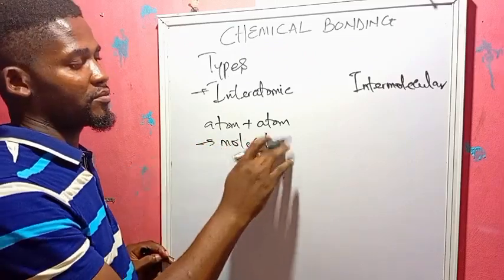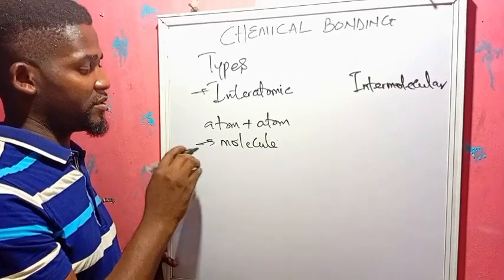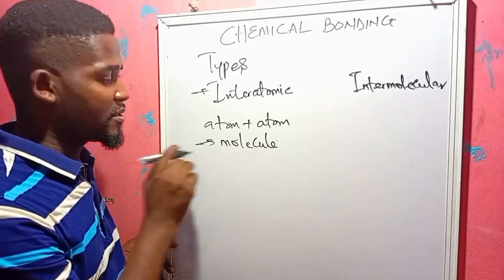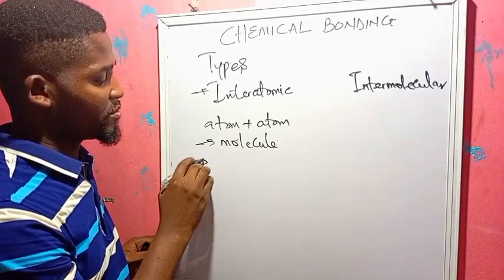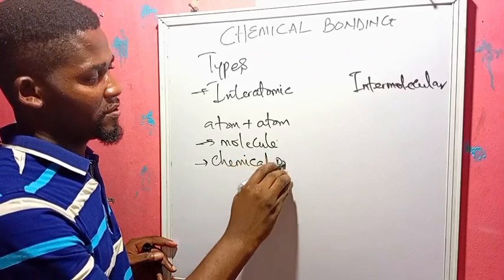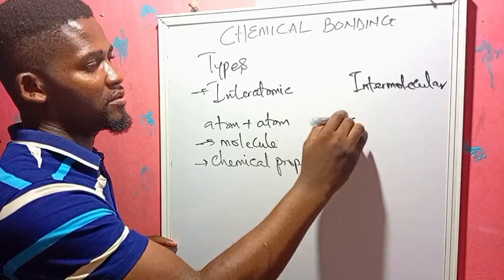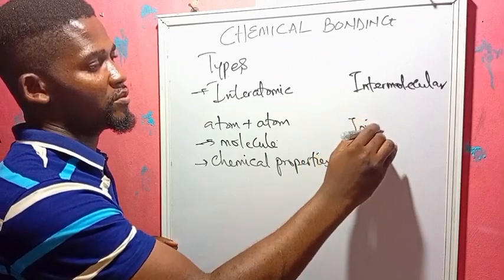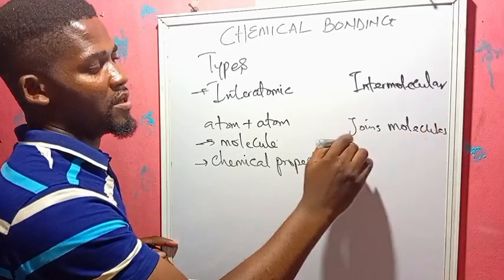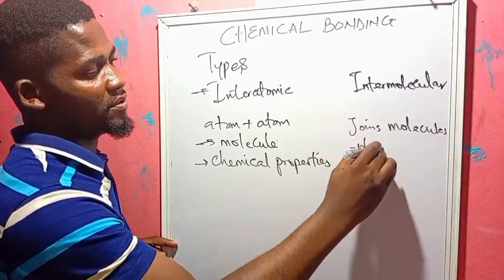Molecule. And due to the fact that they are concerned with atoms, they control the chemical properties of substances. Meanwhile, this one joins what? Molecules. And they control the physical properties.